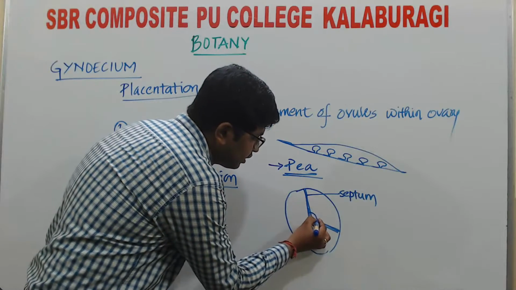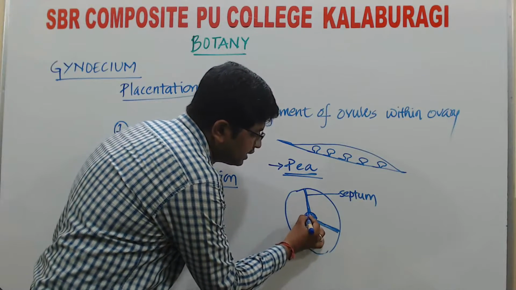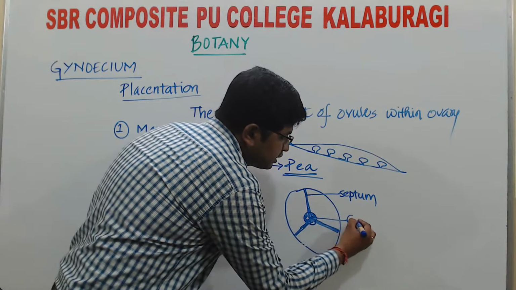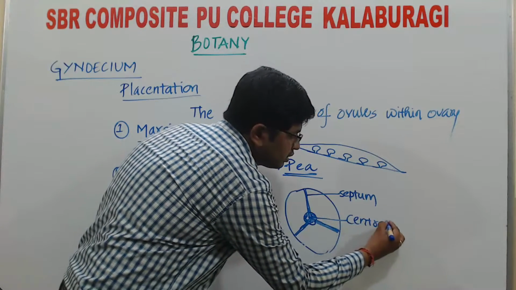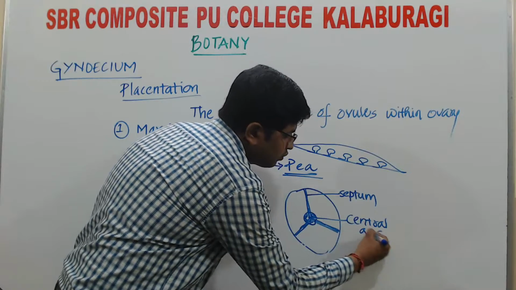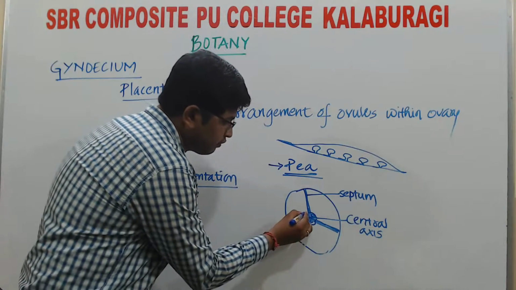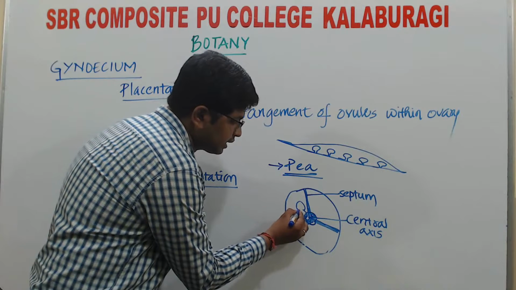And at the center, you will have the central axis. Now, the ovules are found on the central axis like this.